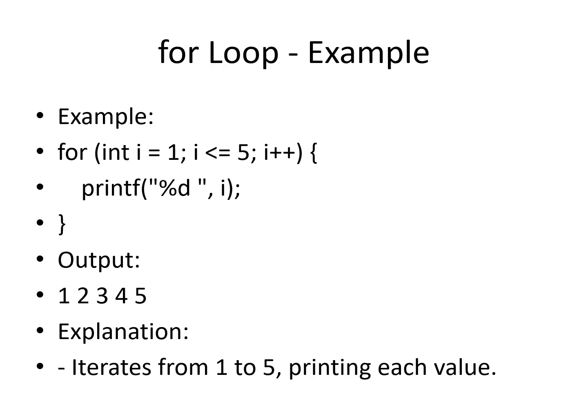So let's discuss the for loops. When we have to repeat code, that is iteration. For example, this is a loop: for int i equal to 1 and i is less than or equal to 5, i plus plus, print percentage d, i. Suppose we want to print numbers from 1 to 5. For that we are using loops. First we initialize i equal to 1. It will check if i is less than or equal to 5. So 1 is less than or equal to 5, it will print the value of i, currently 1.